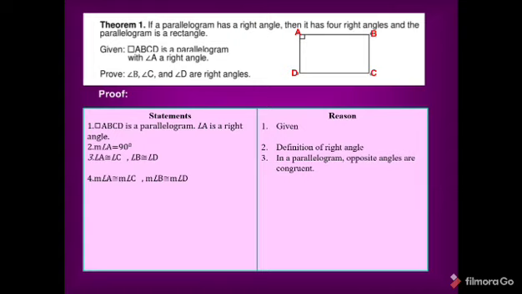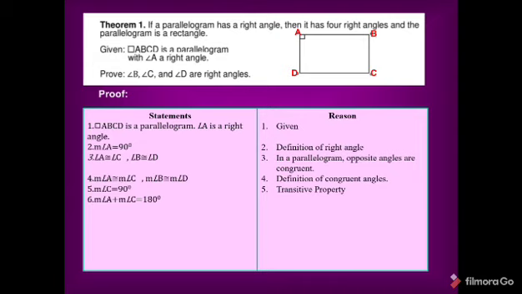On the other side, measure of angle A is congruent to the measure of angle C. Measure of angle B is also congruent to the measure of angle D. That is the definition of congruent angles. In that way, measure of angle C measures 90 degrees because of the transitive property.